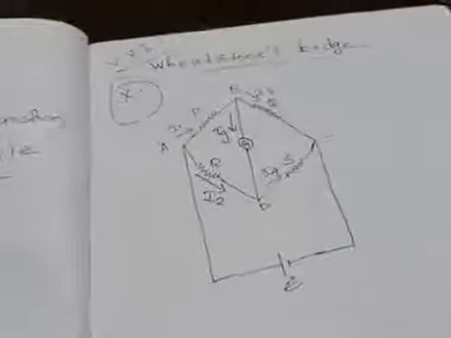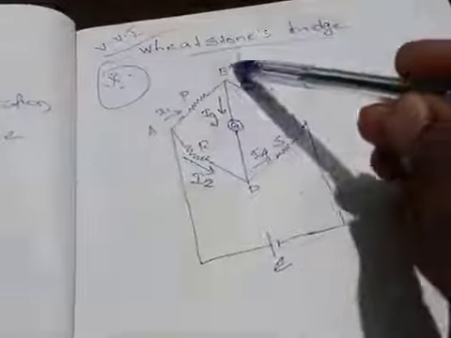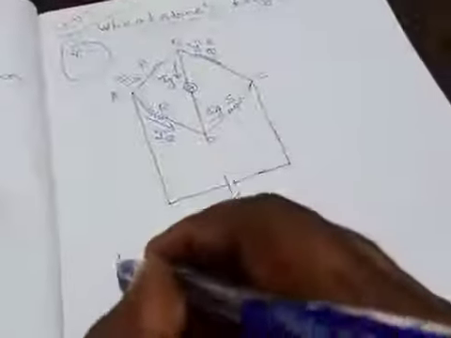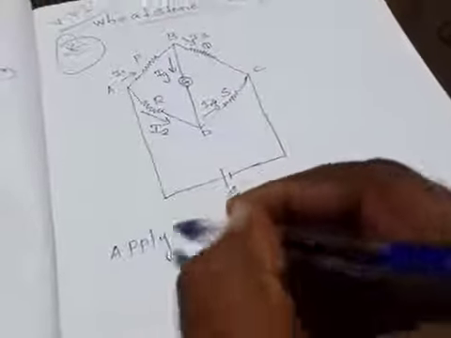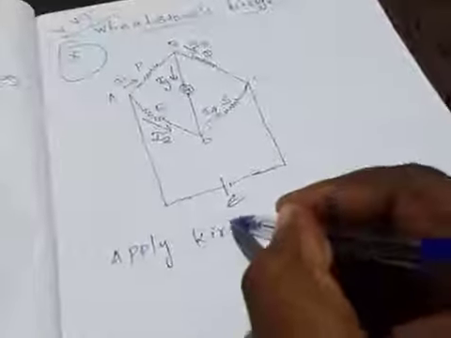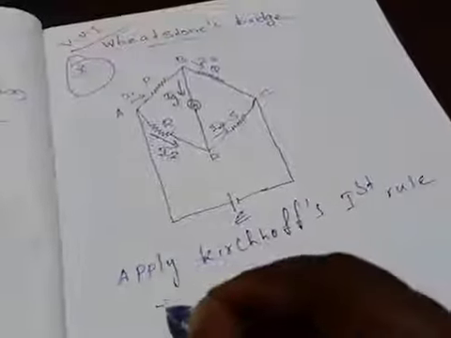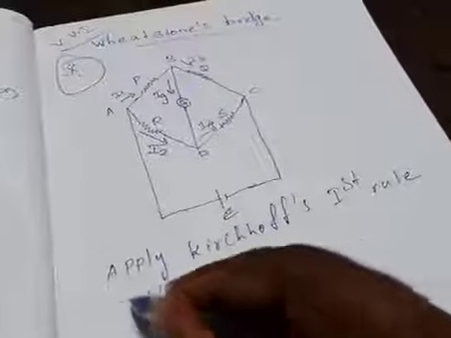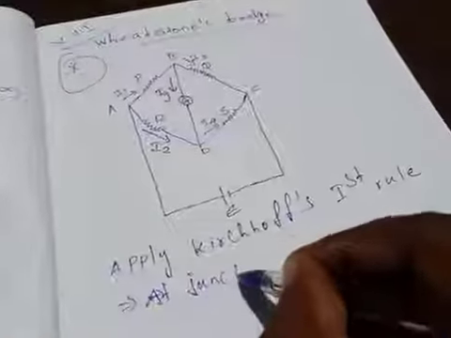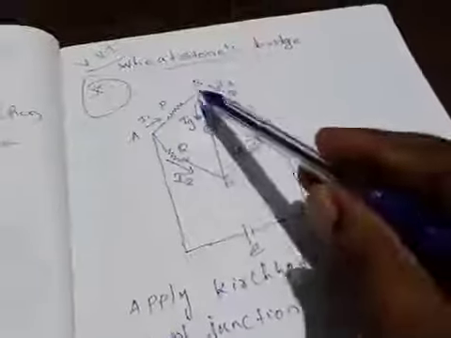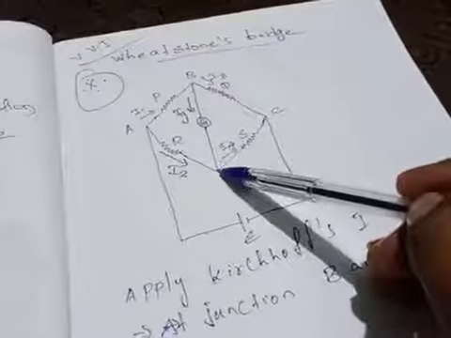The first thing is you have to apply Kirchhoff's first rule to the junctions B and D. It is very important to apply Kirchhoff's first rule at junctions B and D. This B junction and the D junction, we are applying the Kirchhoff rule.